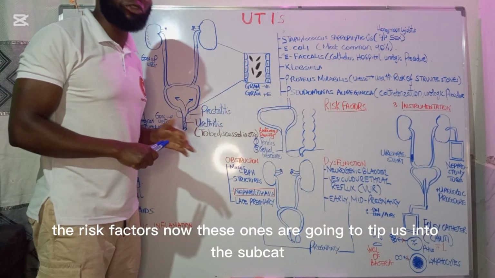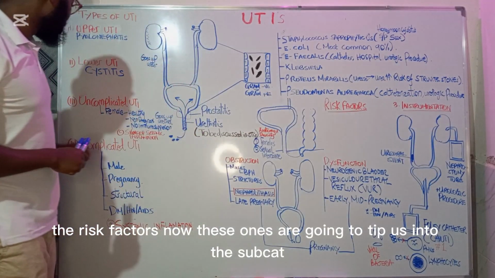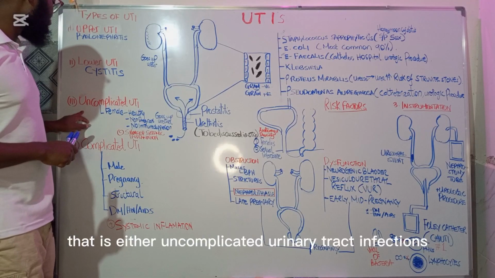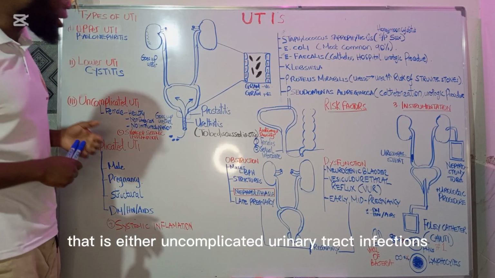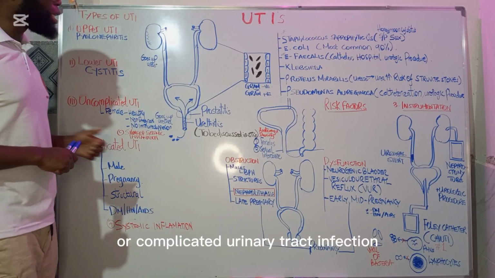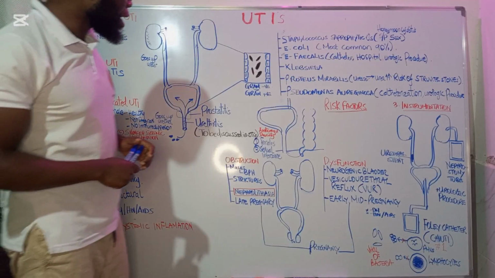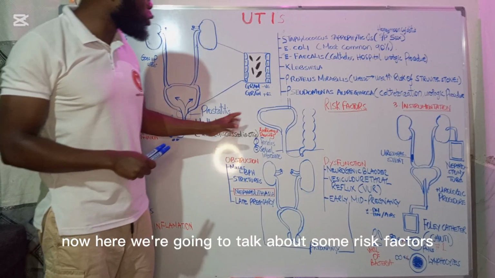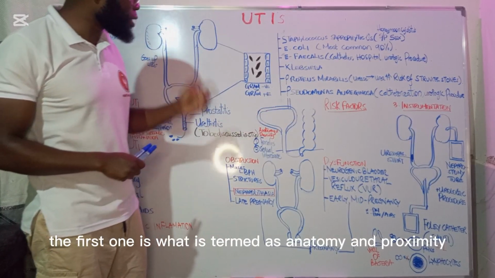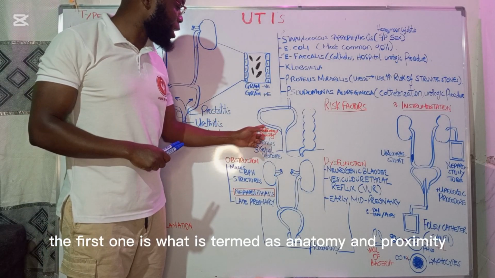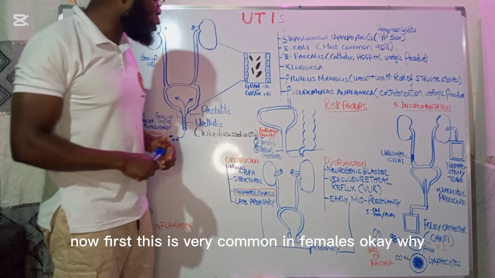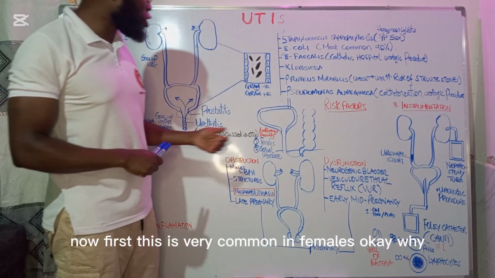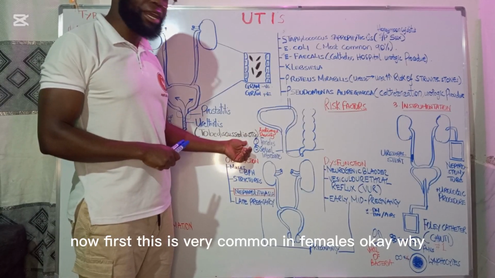Now, these ones are going to tip us into the other subcategories, that is either uncomplicated urinary tract infections or complicated urinary tract infections. Here we're going to talk about some risk factors. The first one is what is termed as anatomy and proximity. This is very common in females, okay? Why?